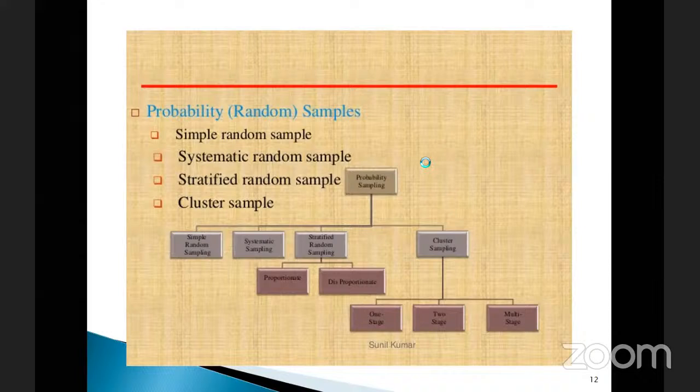So you cluster them into 6. And from each geopolitical zone, you can pick a state. And then from each state, you can pick a local government. And from each local government, you can pick a ward. And this one now, we are not talking about multi-stage.